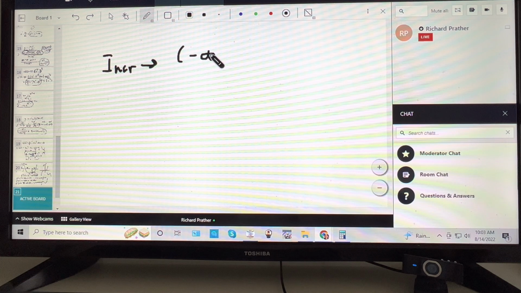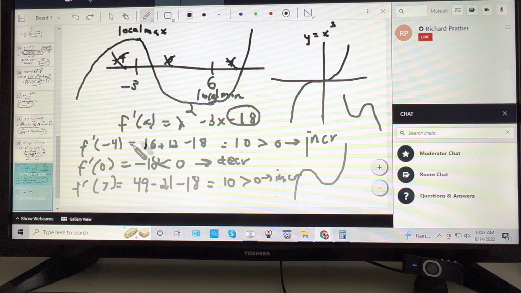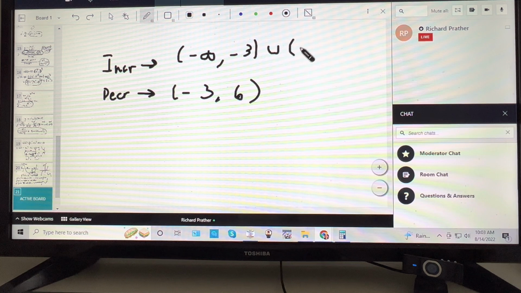From negative infinity until the first critical number, which was negative 3, you're increasing. Then you decrease from negative 3 to the next critical number, 6. And then you increase from 6 to infinity again.